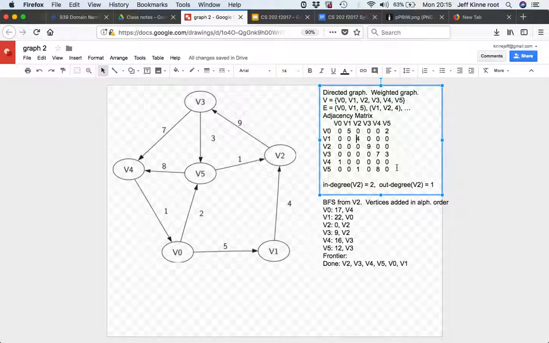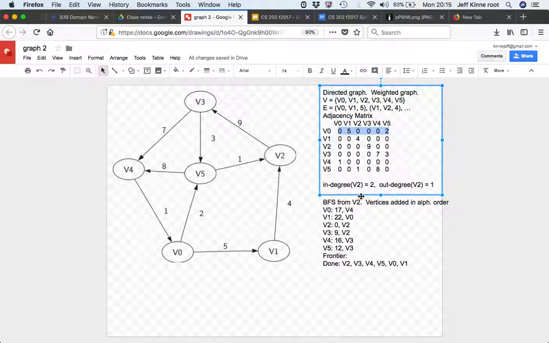Since this is a directed graph, it's not the case that the first row is the same as the first column. With an undirected graph, you could interchange first row and first column, but for directed graphs that's not true. For V0, we just have the one edge coming in from V4.